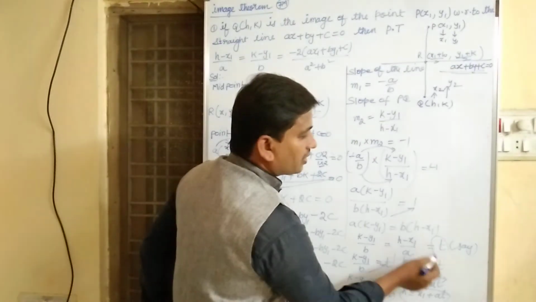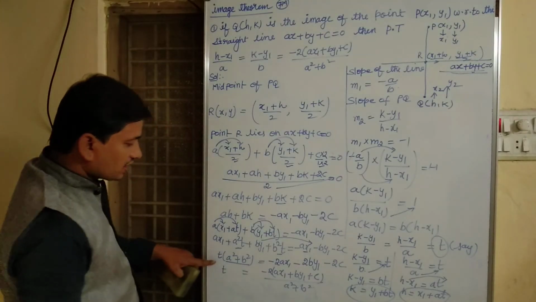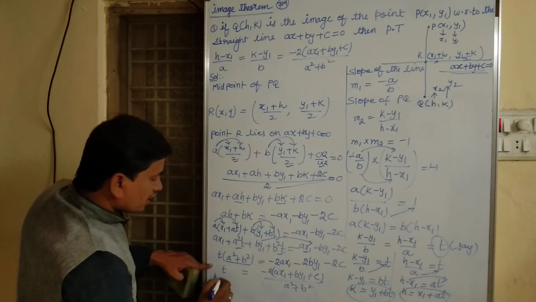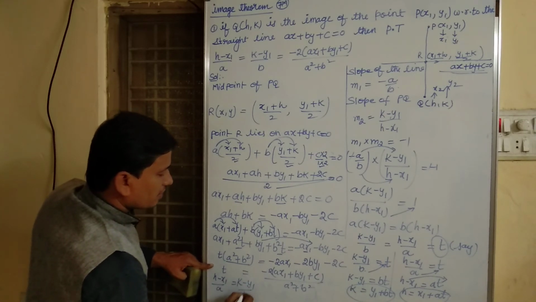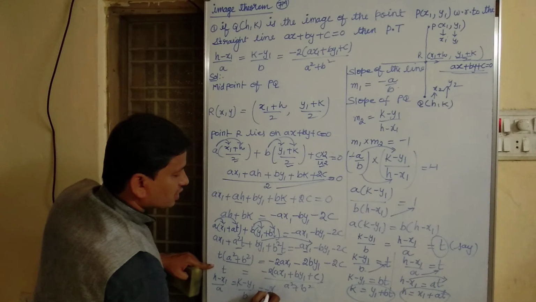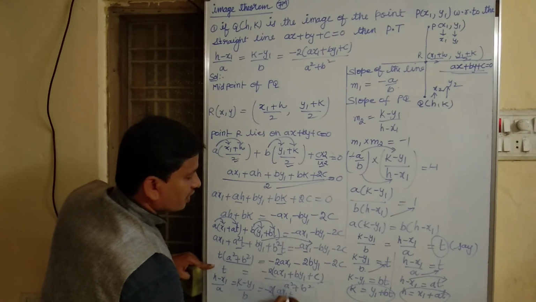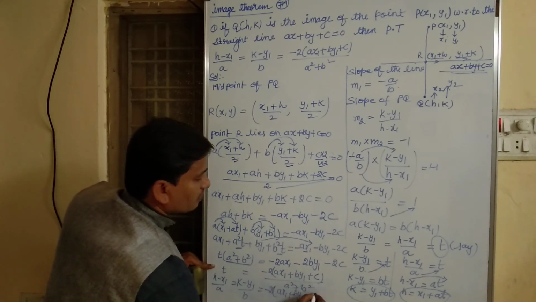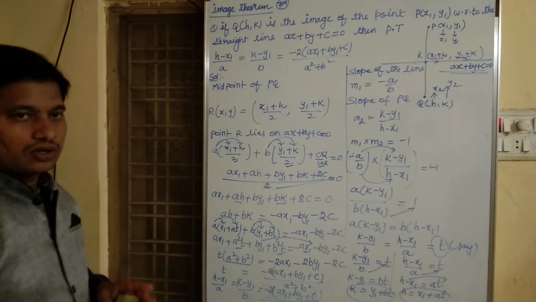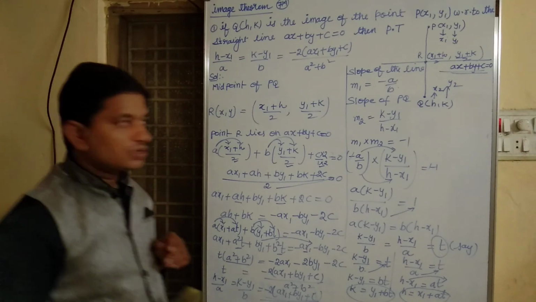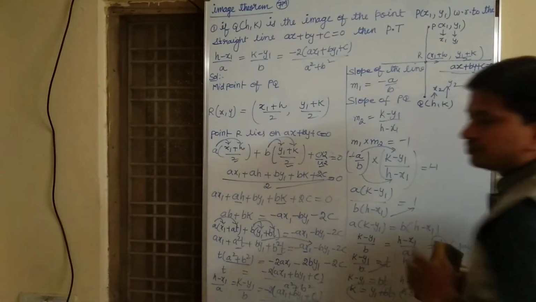We consider as what? T, right? So in place of t, I can write h minus x1 by a equal to k minus y1 by b equal to minus 2 into ax1 plus by1 plus c by a square plus b square. Got it, children? So this is called the image theorem.